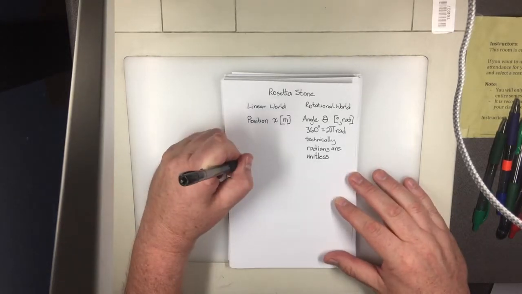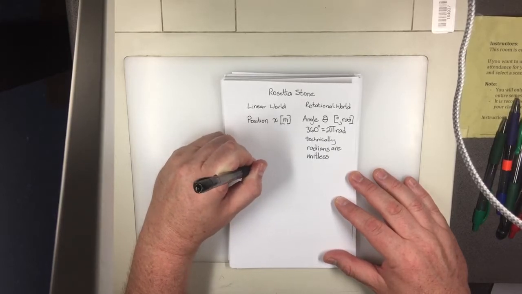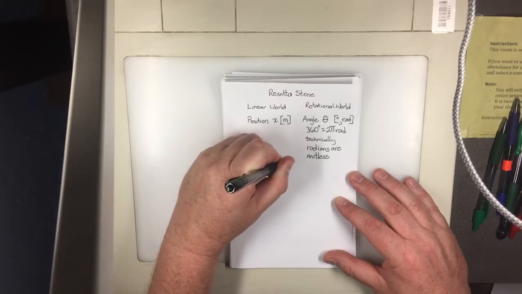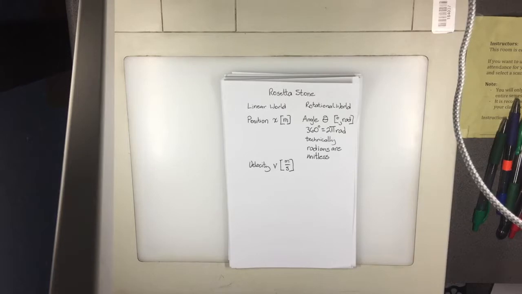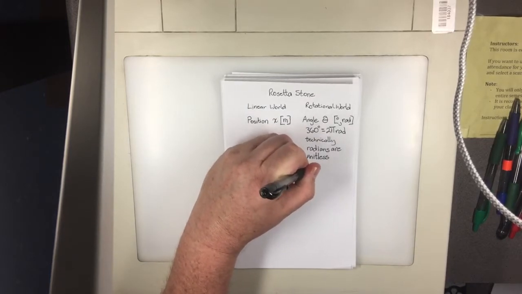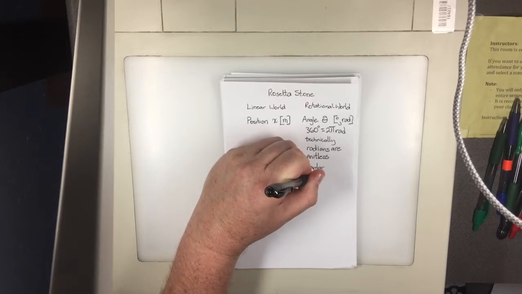In the linear world, we have velocity, which is v, in meters per second. And time, rotational time and linear time are the same thing. But for velocity, you have something called angular velocity.